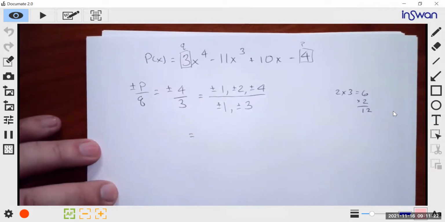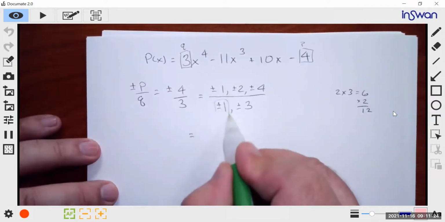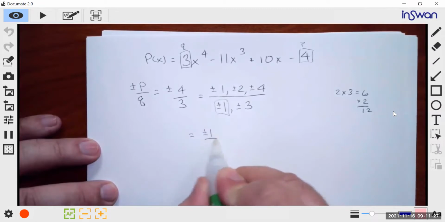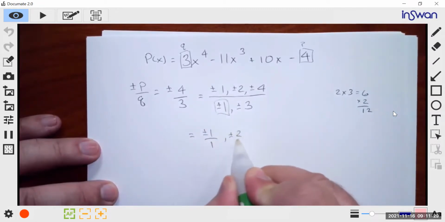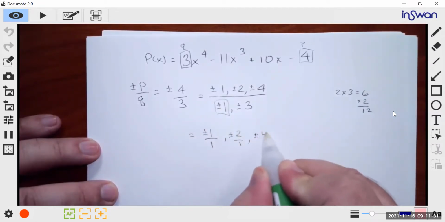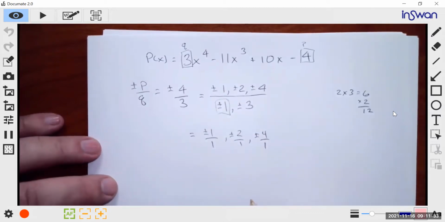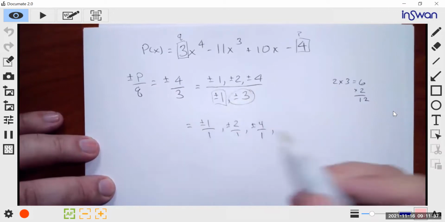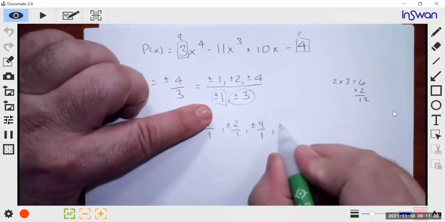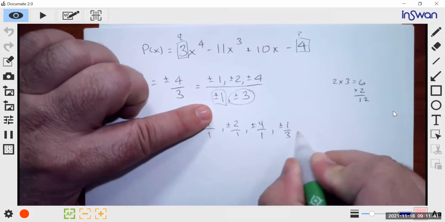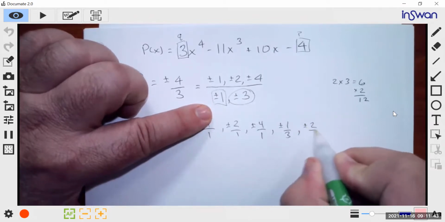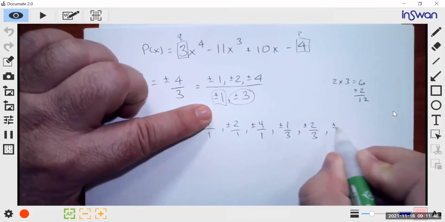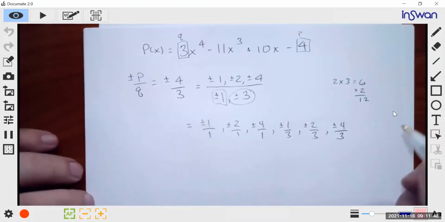What are they? So here's our first denominator. 1 over 1, 2 over 1, 4 over 1. Then the 3. 1 over 3, 2 over 3, and 4 over 3.